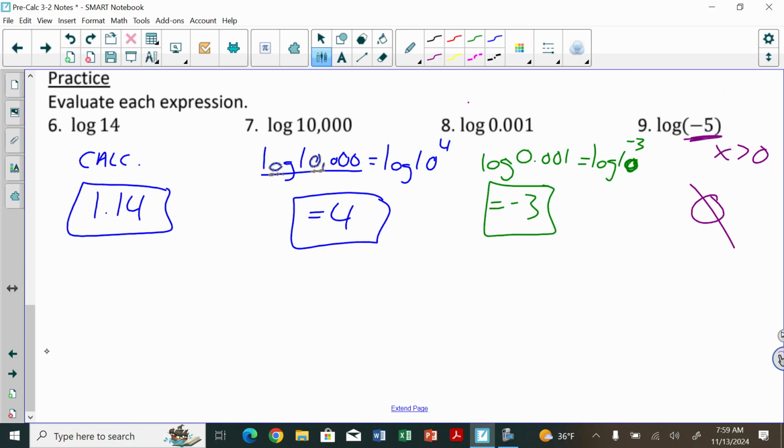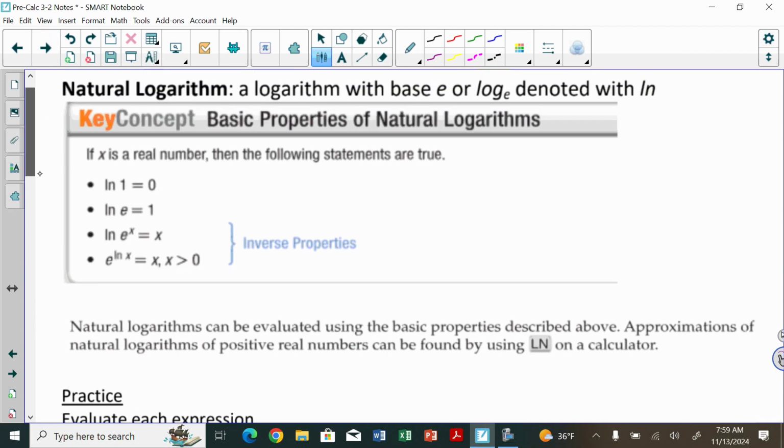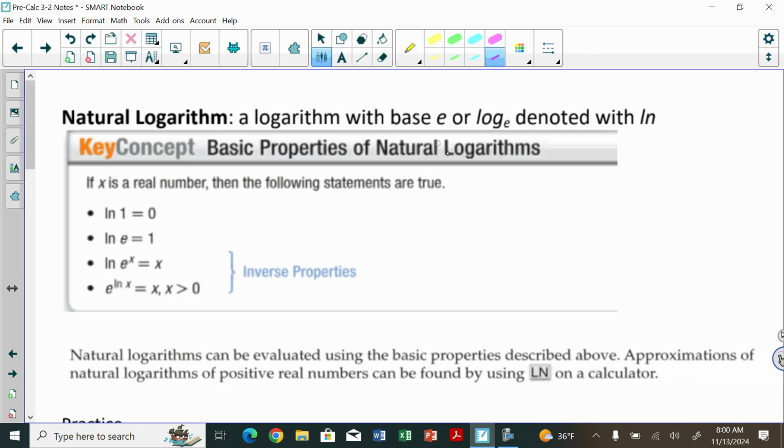All right, let's move on to natural logarithms, and then we'll be just about ready to be done here. This is a logarithm with a base e, or log base e, and we denote it with the ln symbol, as in natural log. Your basic properties here are very similar.